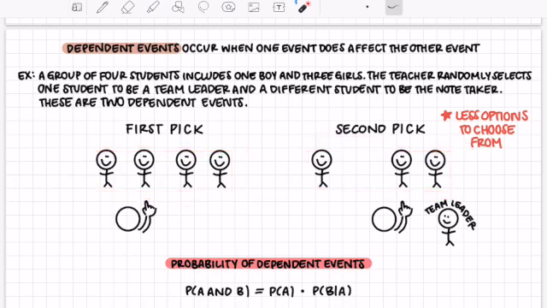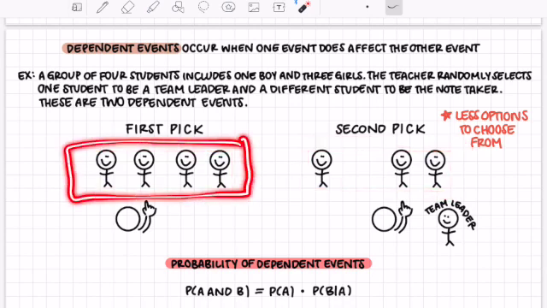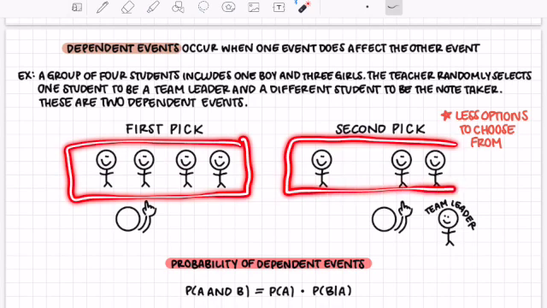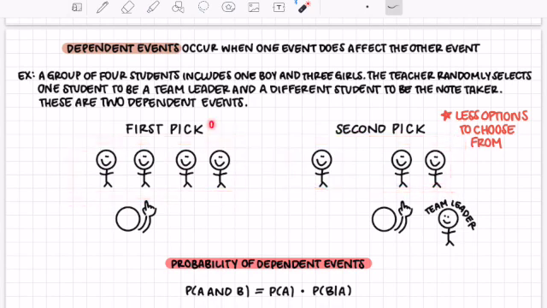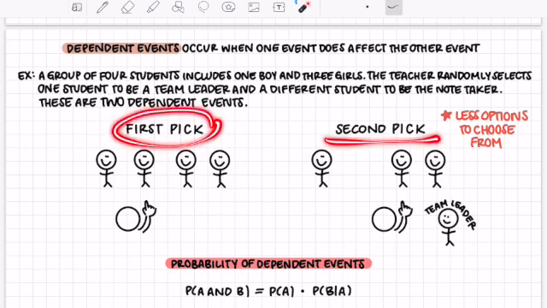And so now we don't have just 4 choices, but instead we only have 3 choices to choose from. So based off of whatever our first choice is, our second choice is going to depend on it, basically. And so this would be the formula that we use for this type of situation. I'll go more in depth about how we use these formulas in the next few examples.